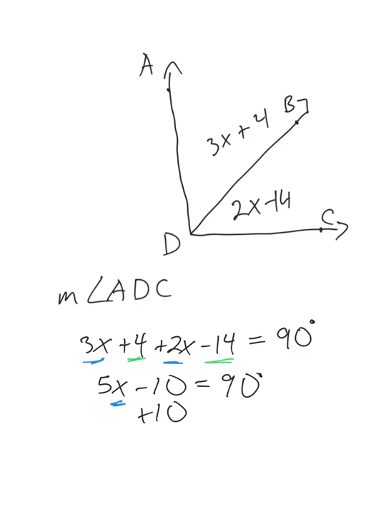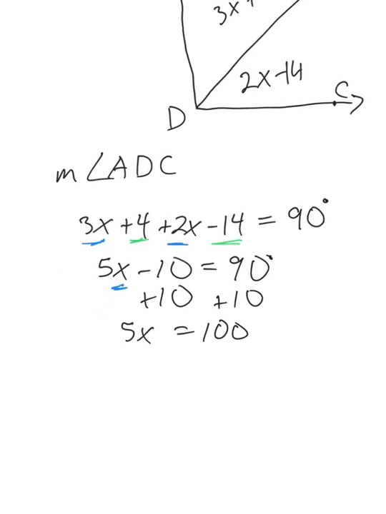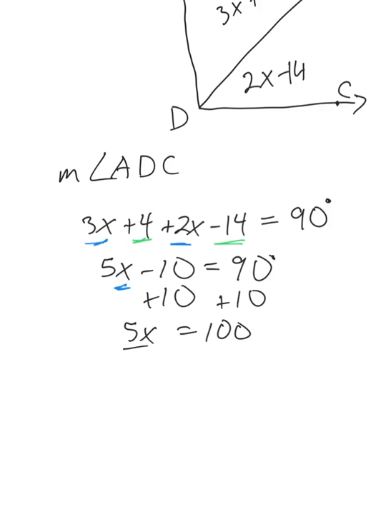So we have then 5x equals 100. Divide by 5. X should then equal what? 100 divided by 5 should be 20. So if we want to just find what x is, x equals 20.